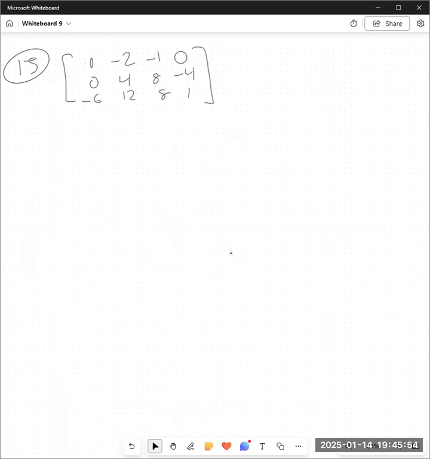So we've already got the 1 in the leading position, the 0 beneath that, and we want to get a 0 beneath that. So the row operation would be 6 row 1 plus row 3 to produce a new row 3.